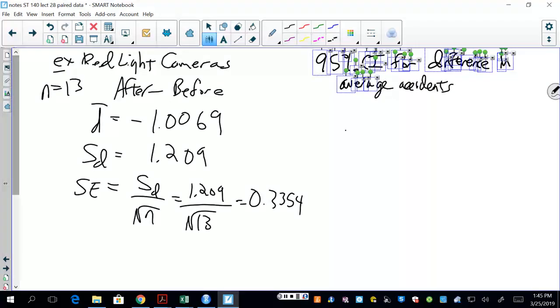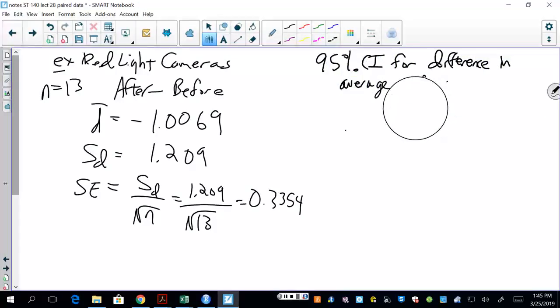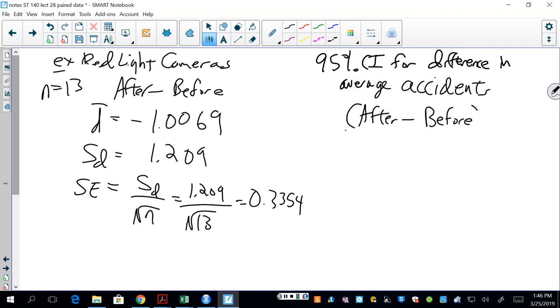And we're taking after minus before. Whenever you do these things, you just have to keep track of what a positive or negative means. In this case, a negative is going to mean that there's more before, and that's a good thing, so we want negative.